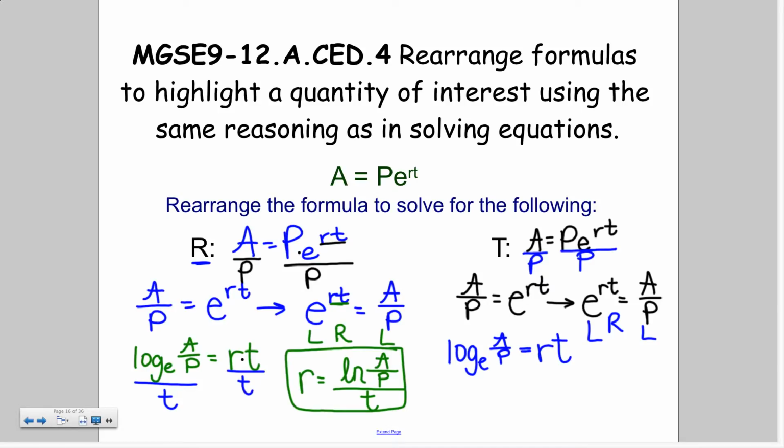And again, these are being multiplied, so we're going to have to do the opposite to get rid of the R. And we're looking for T, so we're going to divide by R. So when we do that, that leaves us with T is equal to log base E, or the ln of A divided by P, all over R. And that is our answer. Okay? All right, next page.